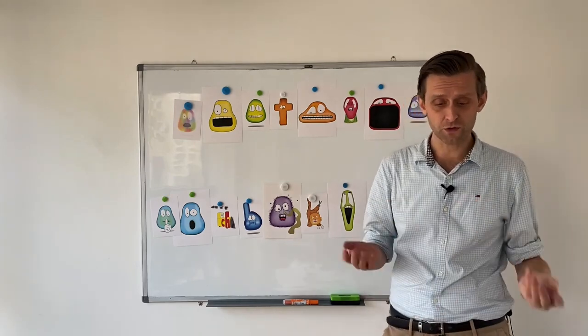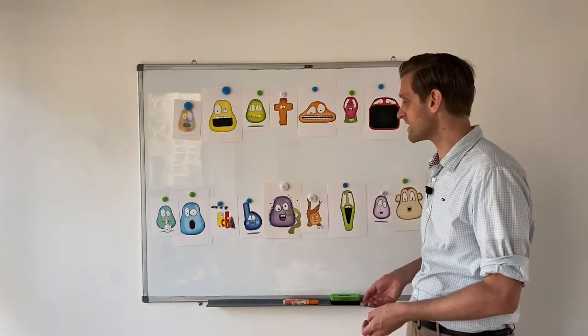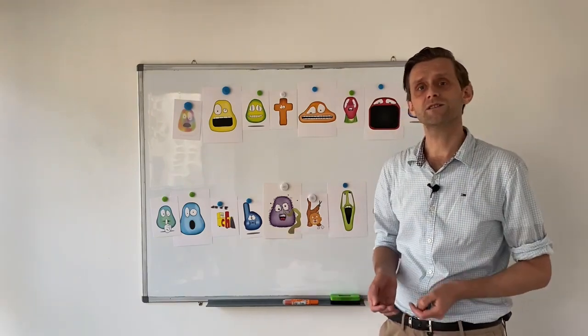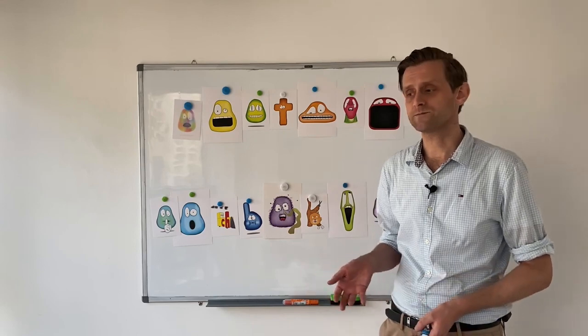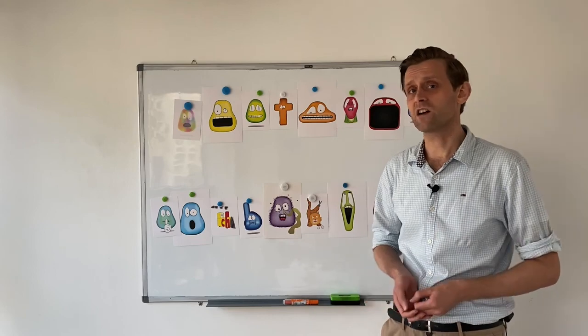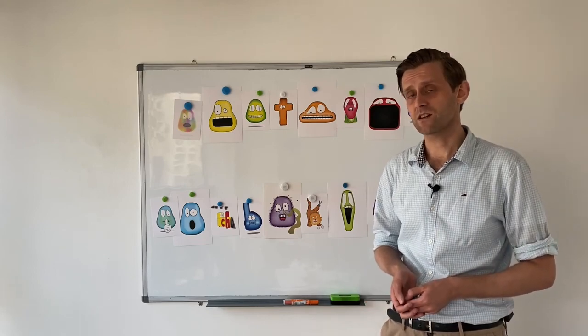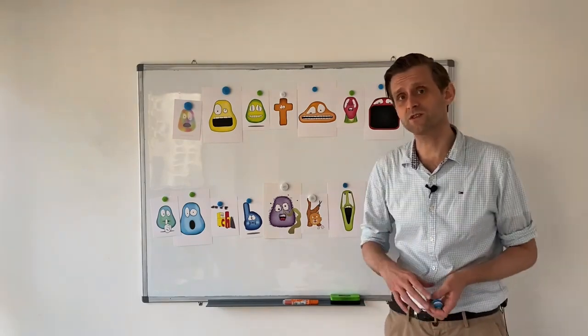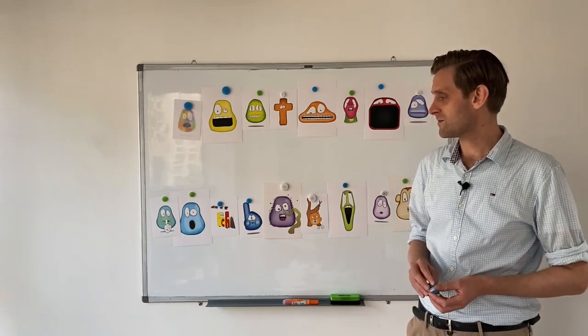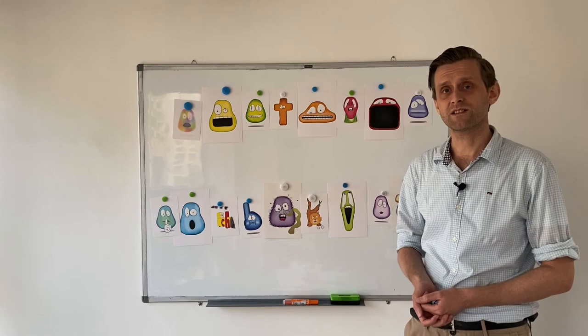We're also, through experimentation and discovery, able to cover a lot of other areas of phonics and early reading much more effectively than we would be through targeted teaching. So I hope this has all been very useful, and hopefully you can integrate some of these things into some of your lessons.